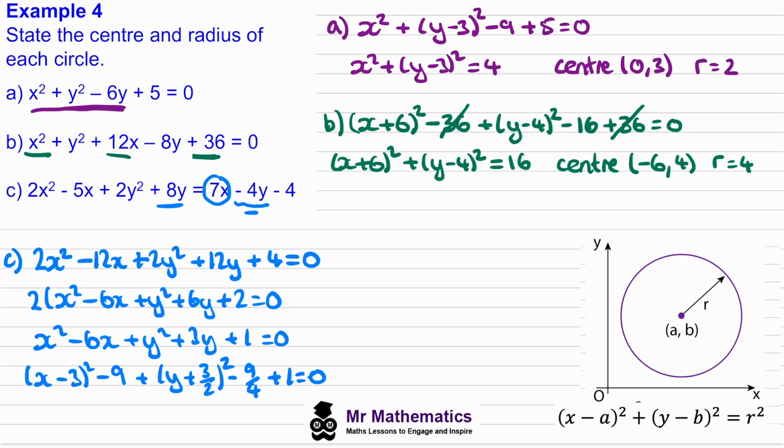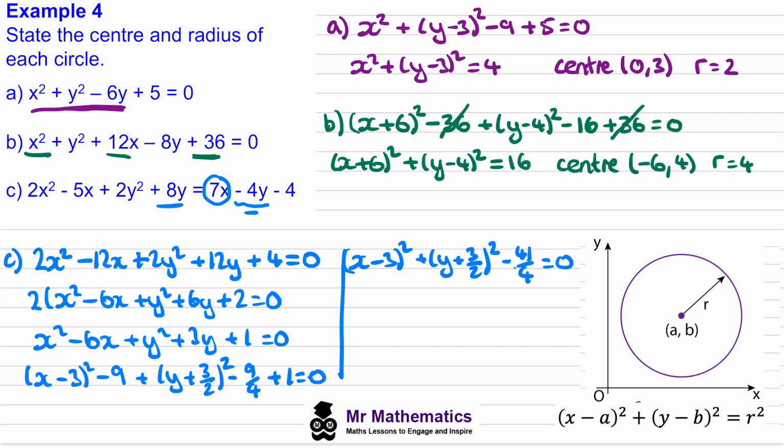We can tidy this up by writing that 1 as 4 over 4. So we've got x minus 3 squared plus y plus 3 over 2 squared. Then we've got the negative 9 plus 1 minus 9 over 4, which gives us minus 41 over 4, and this will equal 0.